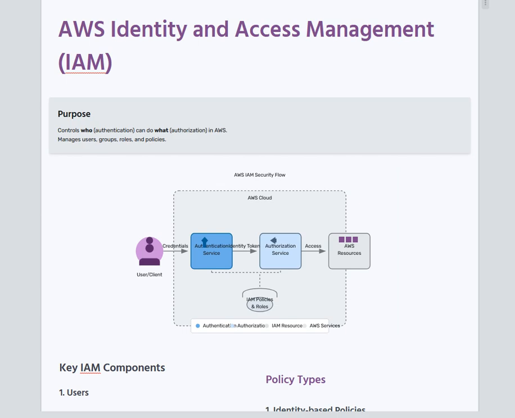In short form, we call it IAM, so anything I say is IAM, right? The purpose is to control who, authentication, can do what, authorization, in AWS. The main components are going to be managing users, groups, roles and policies, right?